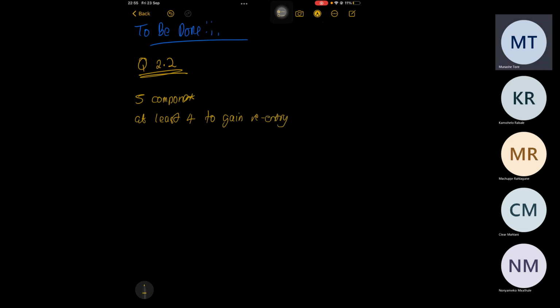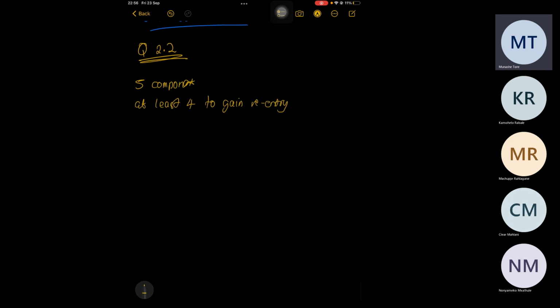Otherwise, it will not be possible for it to gain re-entry. Each component of the system operates independently of any other. And the probability of working is 0.9. Then, what is the probability that the system will gain re-entry?